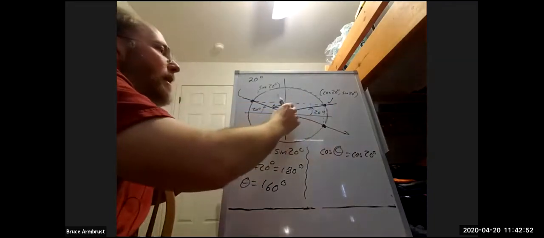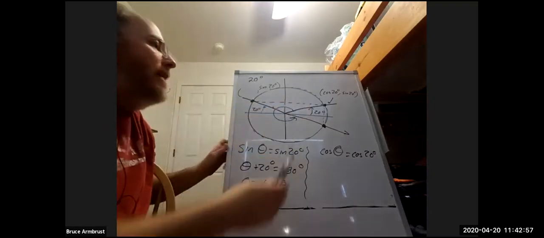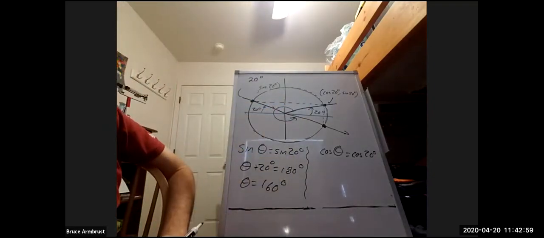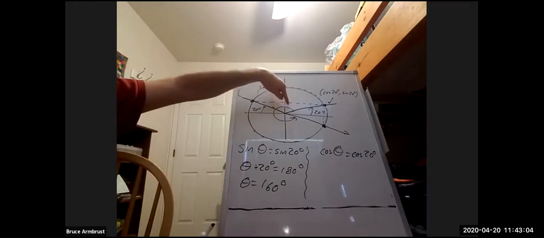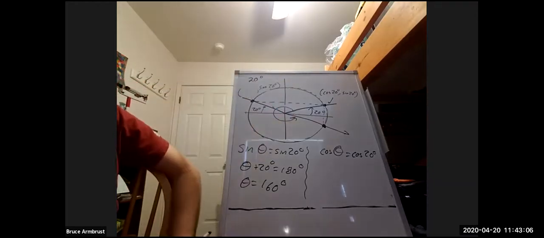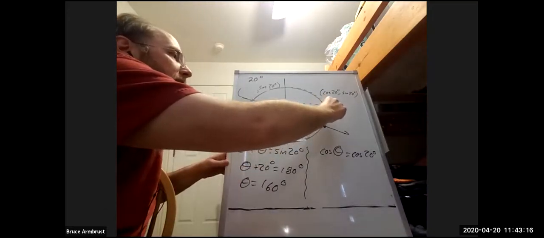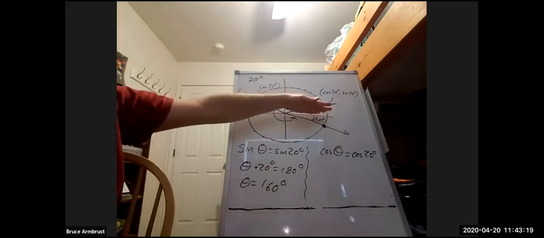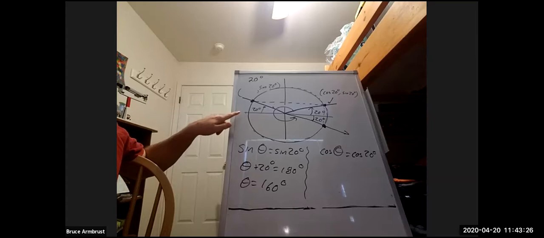So the angle we want now is that. We want it to be between 0 and 360, so it has to be on our first loop. And so the question is, what is that one? Well, let's use the symmetry again. We know that there's going to be a 20-degree rotation to get down to this point. And so we can do a similar argument to what we just did for the sine.